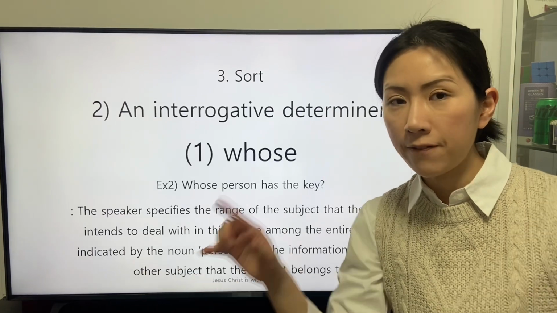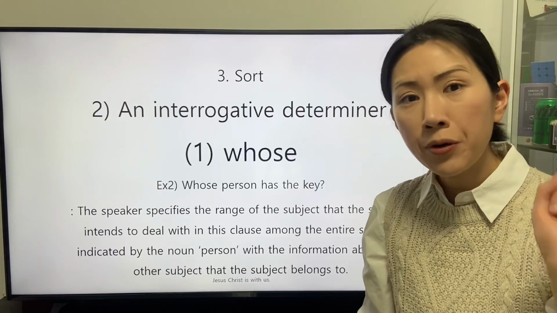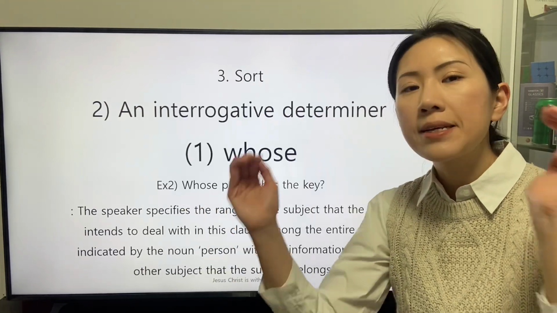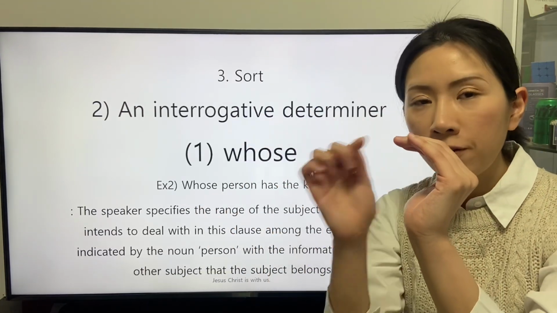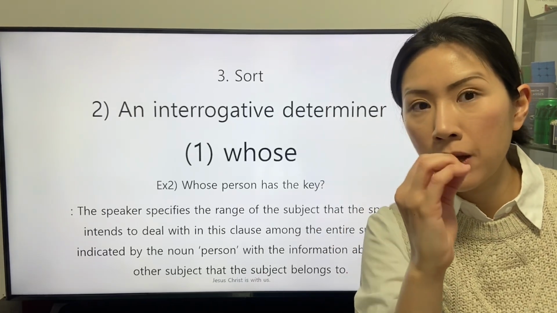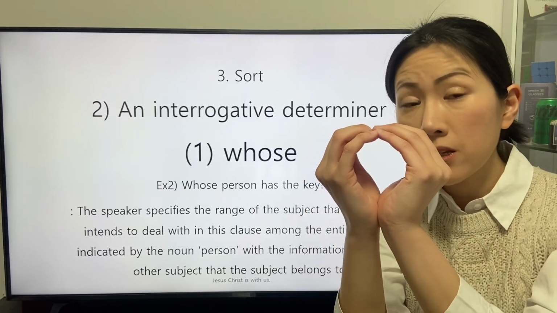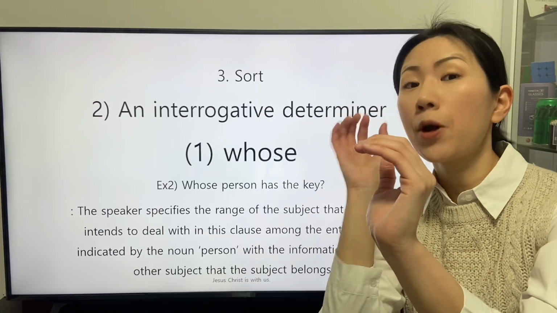a group of subjects. The interrogative determiner whose specifies a part of the subject with the information about the fact that the specified subject belongs to person.